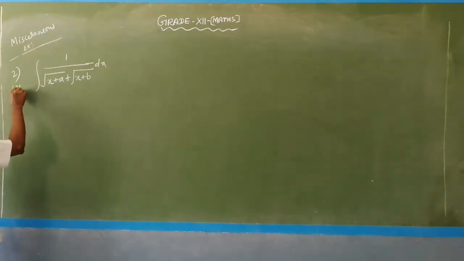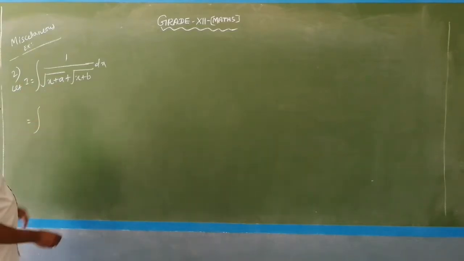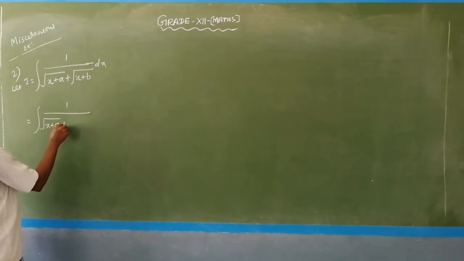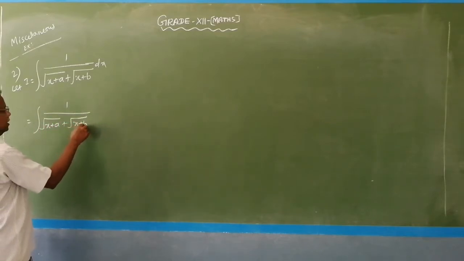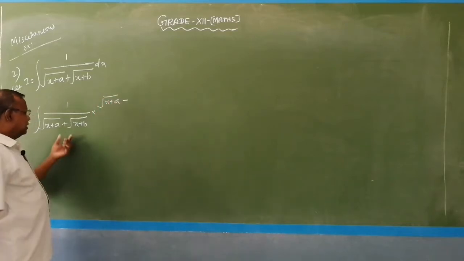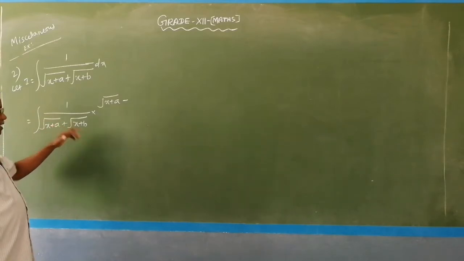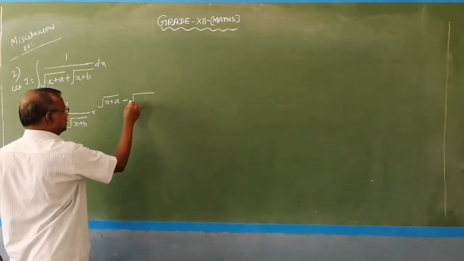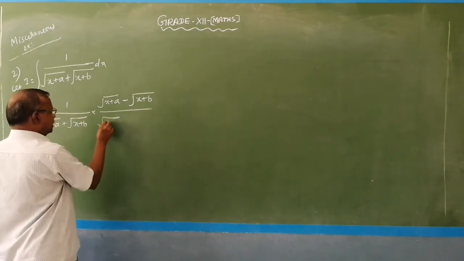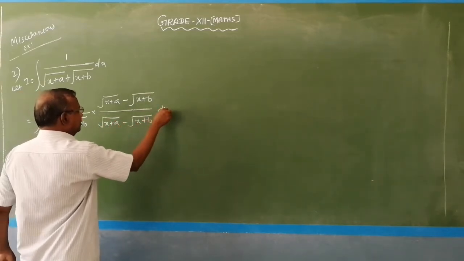So, let us assume I equal to, now multiply and divide by the conjugate of the denominator, that is 1 by root of x plus a plus root of x plus b into root of x plus a minus root of x plus b. Conjugate means we change the symbol: if it is plus then minus, if it is minus then plus. So, divided by root of x plus a minus root of x plus b into dx.